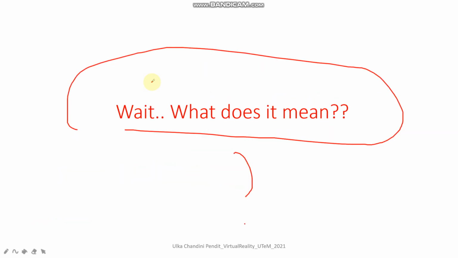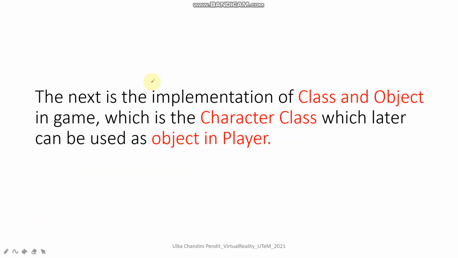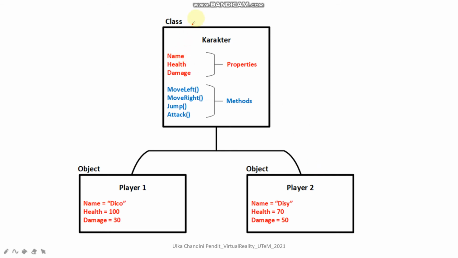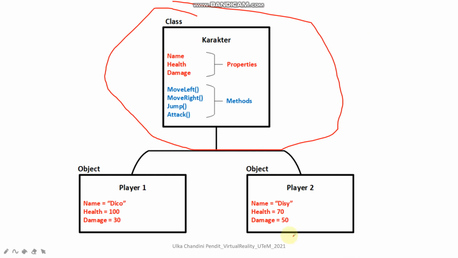So therefore, let's see the implementation of class and object in a game, which is the character class, which later can be used as an object in the player. For example, this is the class. The class has two objects, player 1 and player 2.